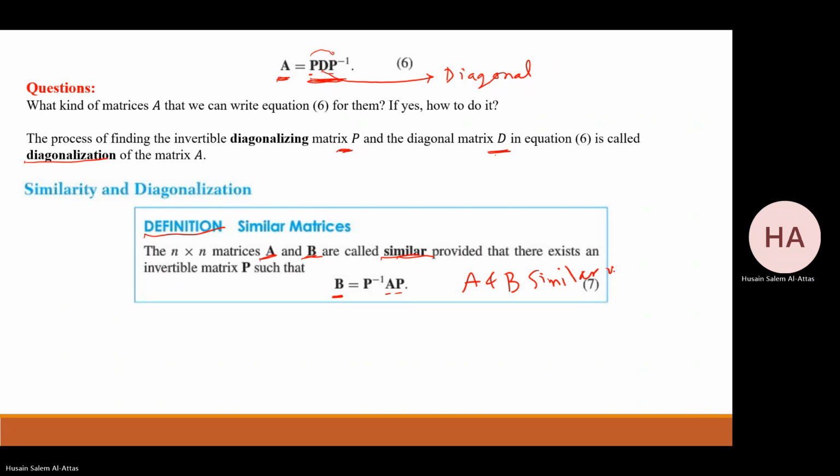We say an n by n matrix A is diagonalizable if it is similar to a diagonal matrix, with a different P.